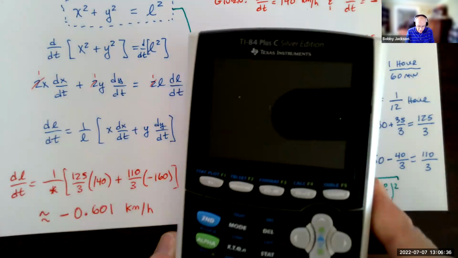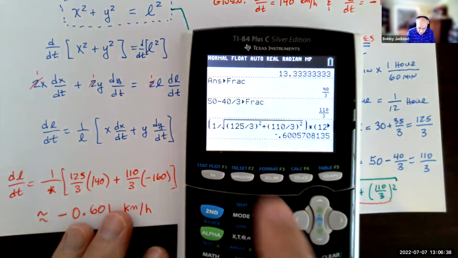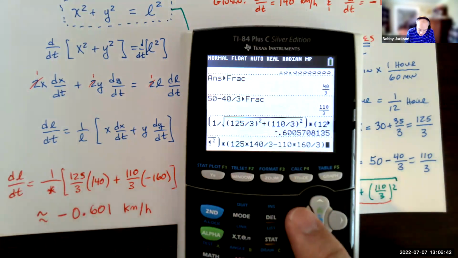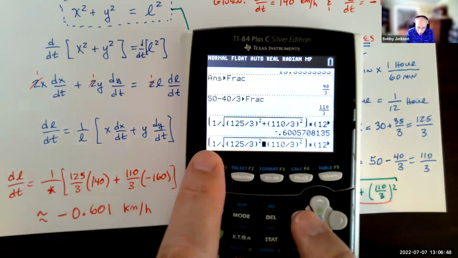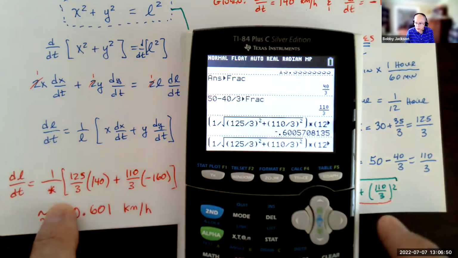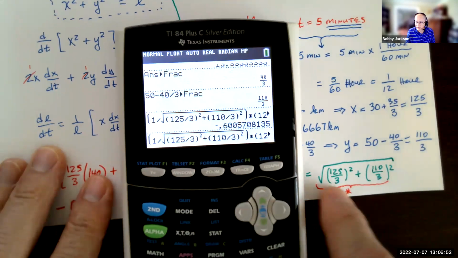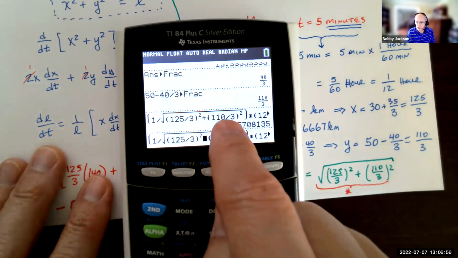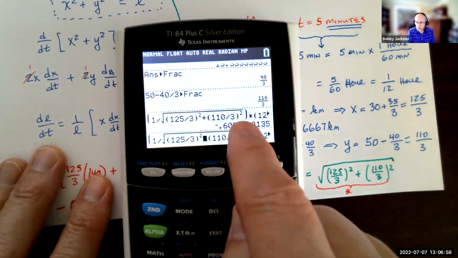So when I'm doing it in the calculator, you can see what I've done here. Let me just do the entry here so you can see it. I entered everything without any rounding. Okay, so I had 1 divided by L. L was this stuff over here. So I have the square root of 125 thirds squared plus 110 thirds squared. That's the square root.